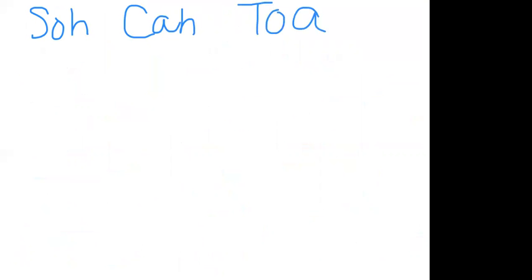So let me write it down. SOHCAHTOA. Sometimes I like to refer to it as sakatao, because it's got a nice ring to it. Now, SOHCAHTOA helps you to remember the three basic trig identities and eventually the inverses as well.